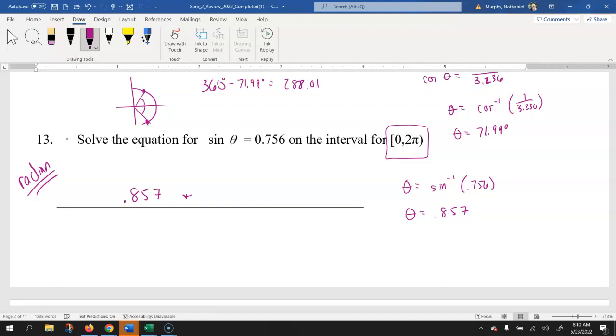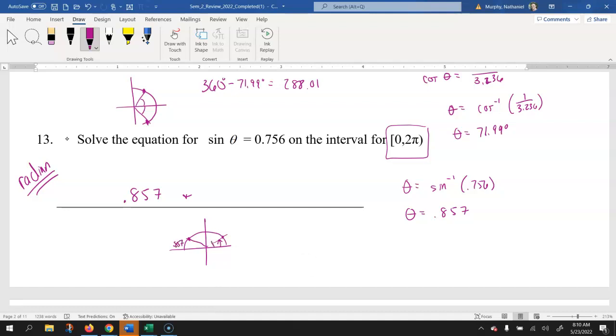So now let's find the other values. Remember, dealing with sine would be the y values. So 0.857, let's say that's right about here. To find the other value between 0 and 2 pi, it's going to be the same over here. So that means that this is 0.857 radians.